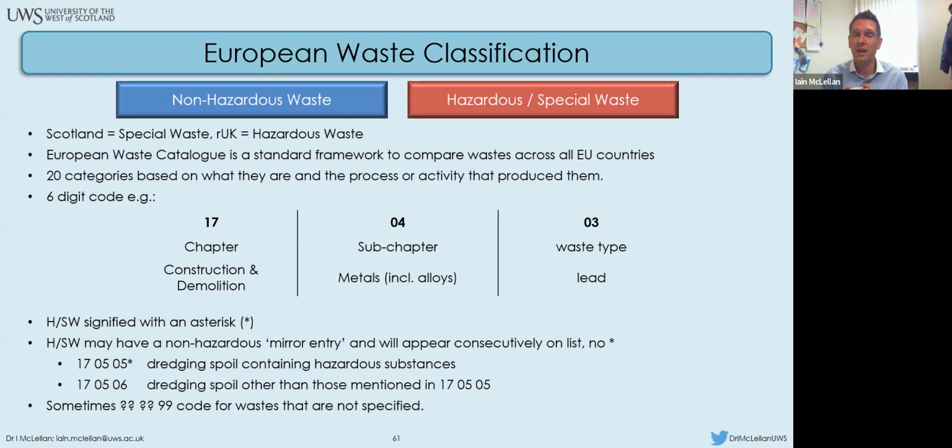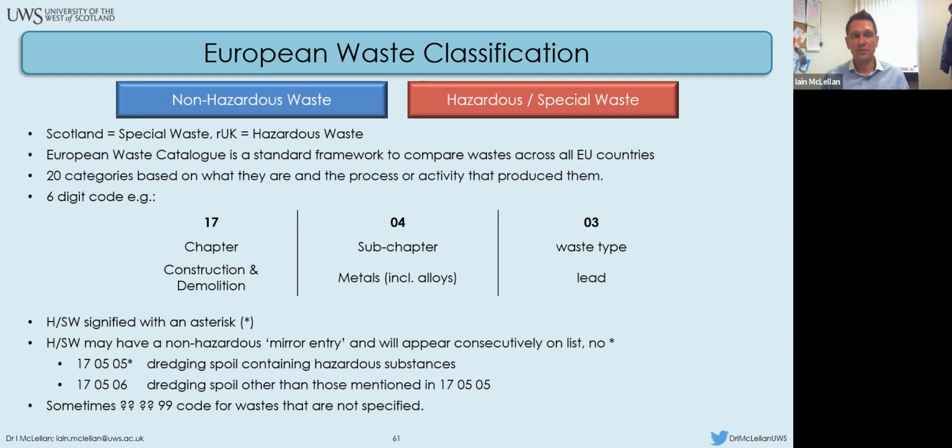So you would label that as 17 because it's from the construction waste, 4 because it's from a metal, and you would classify it as 99 because it's not within that list. You still have that 6 number, and you will record somewhere what you're writing down. So that was 170499, and you would write whatever it is, as long as you've got a record of that.